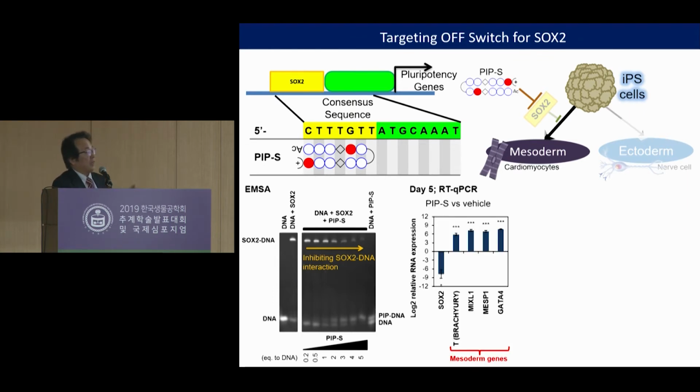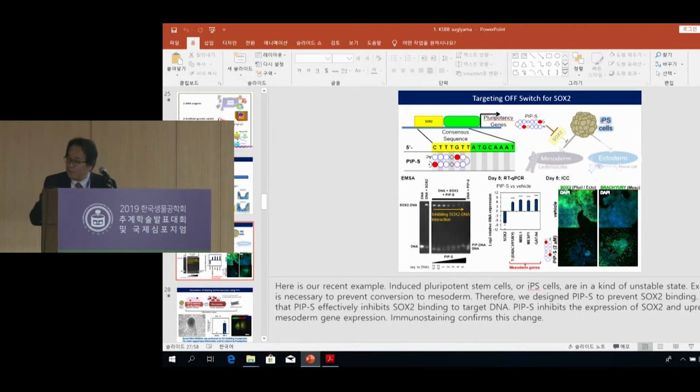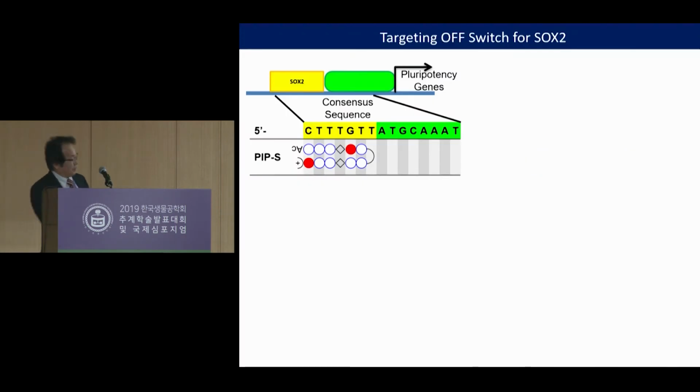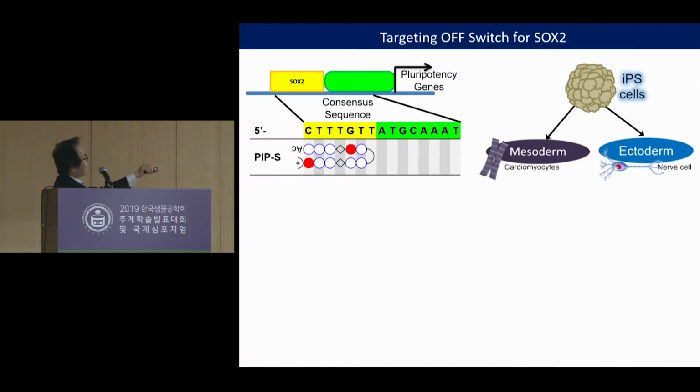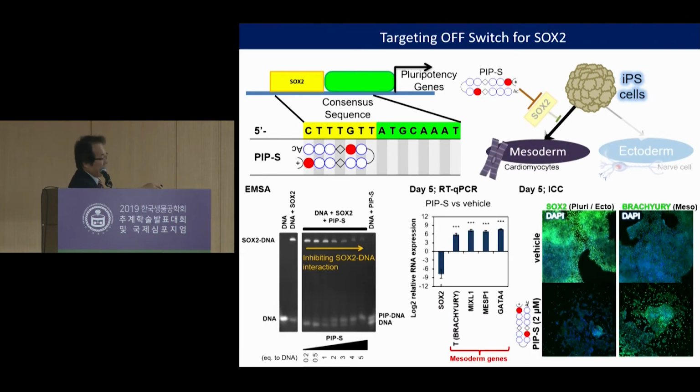And we treated the iPS cells with this polyamide. After 5 days, expression of mesoderm-specific genes like T (brachyury) and GATA4 are highly expressed, and SOX2 expression goes down.